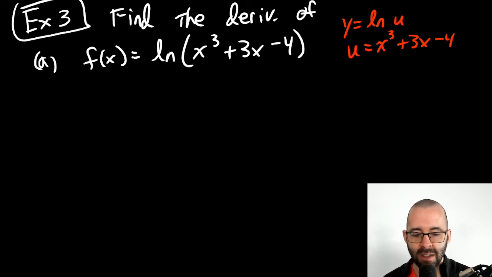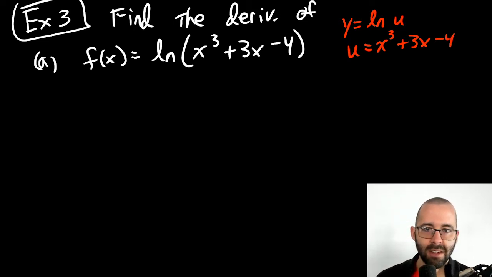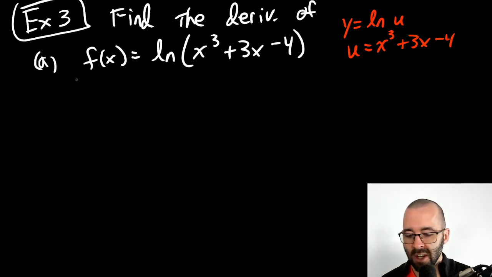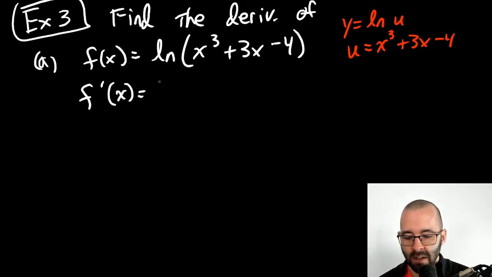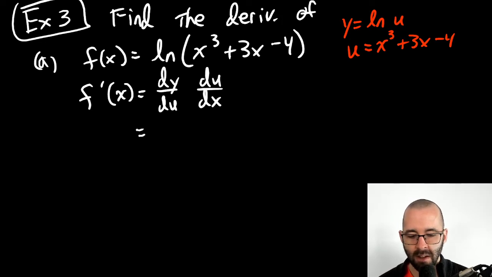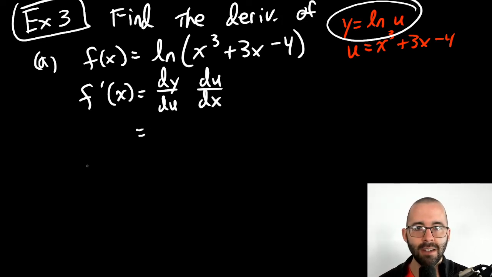The natural log of u is just the natural log of x cubed plus 3x minus 4. And we could use the chain rule explicitly. If you're really comfortable with the chain rule, you don't have to do this step, but it can be very useful. dy/du times du/dx, the derivative of y with respect to u, we had that formula.